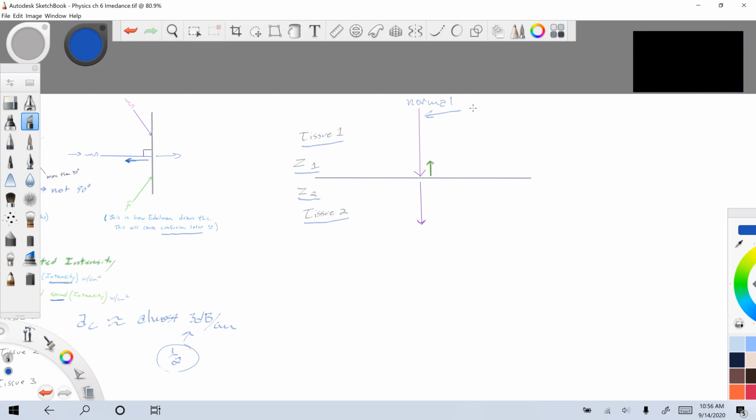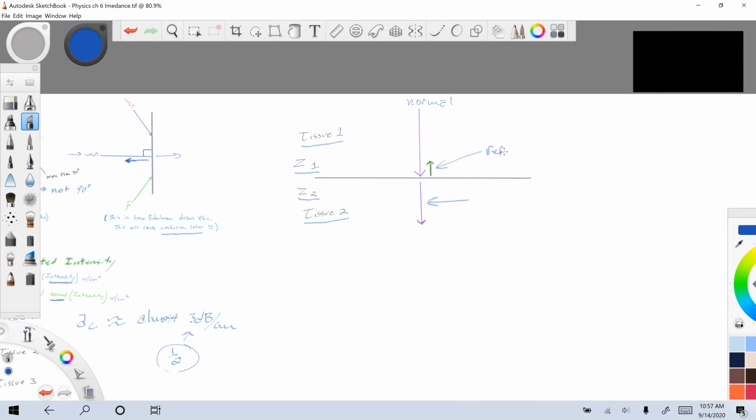That is our incident beam. And I've drawn a reflection. So that's our reflected echo, or reflected intensity. I've made it smaller than the transmitted.